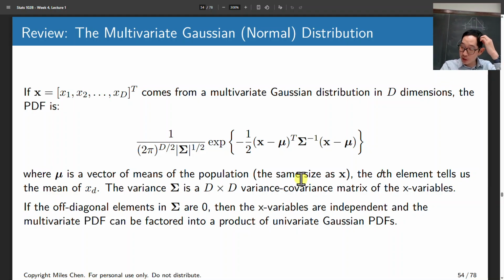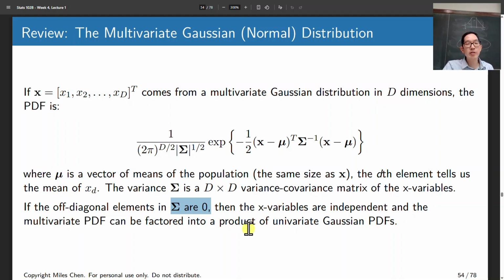So when you do the multivariate normal, one of the things is you have to estimate this covariance matrix, okay? You have to estimate this covariance matrix. But if this covariance matrix is diagonal, and your off-diagonal elements are 0, then that means the X variables are independent.